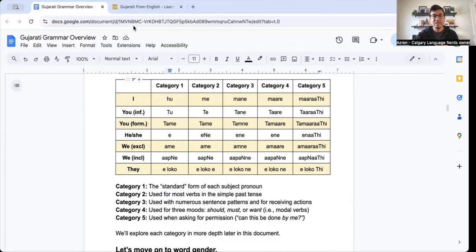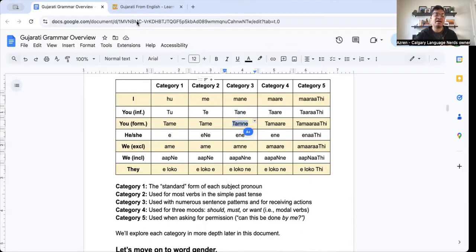Category 3, pretty much we use it for certain sentence patterns. It's used for set phrases for the most part, and we use it for receiving actions. So if you hit me, I would use mane for the word for me, right? If I hit you, because you received the action of hitting, I'm going to use tane or tamne.